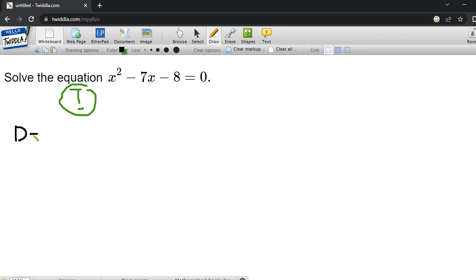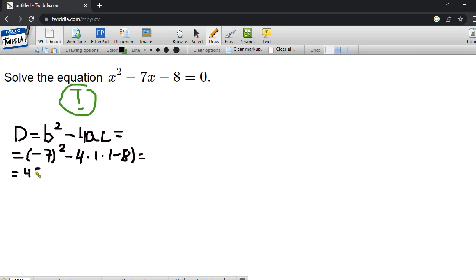So, D equals b squared minus 4ac equals negative 7 to the second power minus 4 times 1 times negative 8 equals 49 plus 32 equals 81, and 81 is greater than 0. It means that our equation has 2 roots.